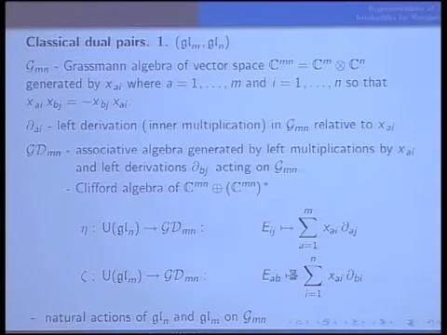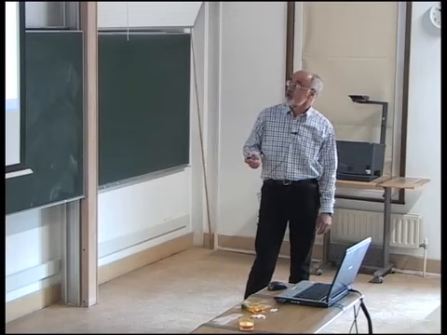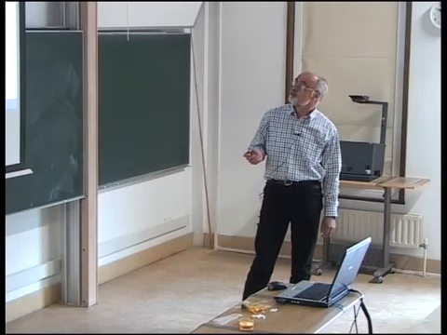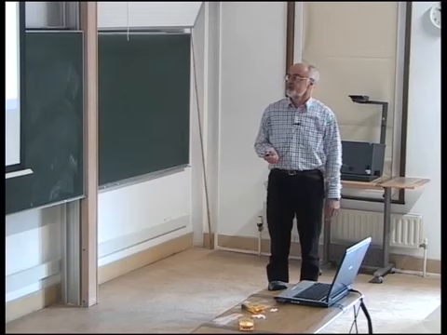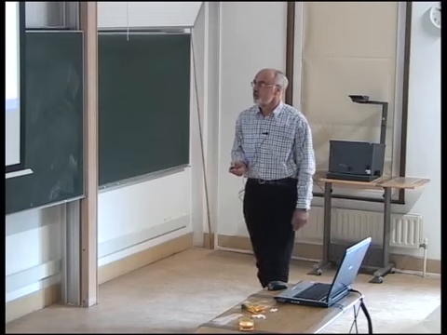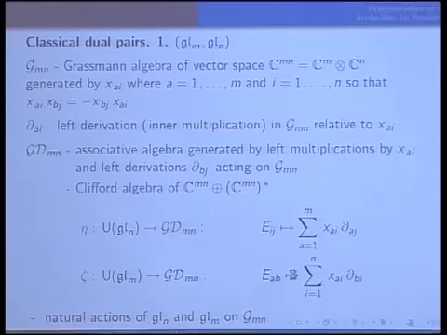They anti-commute, and moreover I consider the algebra of Grassmann differential operators. It is a Clifford algebra of the space C^{NM} plus its dual. It is generated by these variables x_ia and the left derivations d_jb.